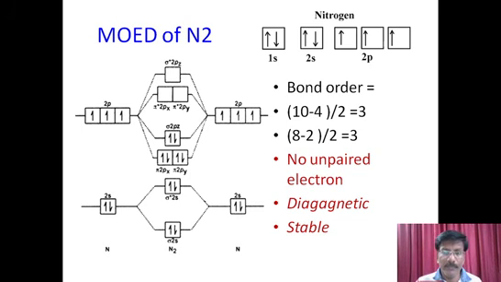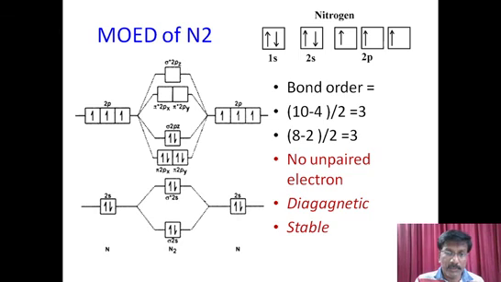Total is 14. Out of 14 electrons, how many are in bonding? With respect to 1s, 2 are in bonding. With respect to 2s, 2 are in bonding. With respect to 2p, how many are in bonding orbitals? There are 6. So altogether 6 plus 2 plus 2, that is 10 electrons are in bonding molecular orbitals. And how many are in anti-bonding? With respect to 1s, 2.